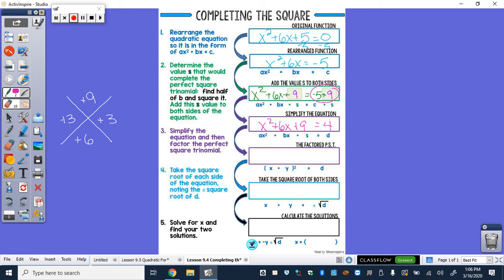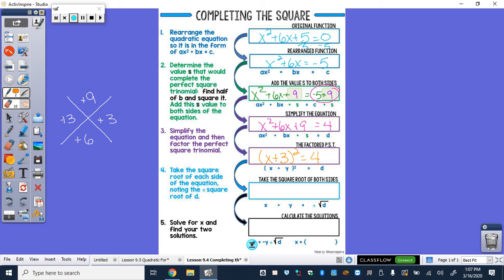The left side of that equal sign, we have our perfect square trinomial now. Because again, I took my 6, divided it in half, and then multiplied them together. You're kind of going backwards through your x this time. So again, this step we usually did at the same time as this step. You can do them together, or you can do them separate. But how does our perfect square trinomial factor? x plus 3 squared equals 4.